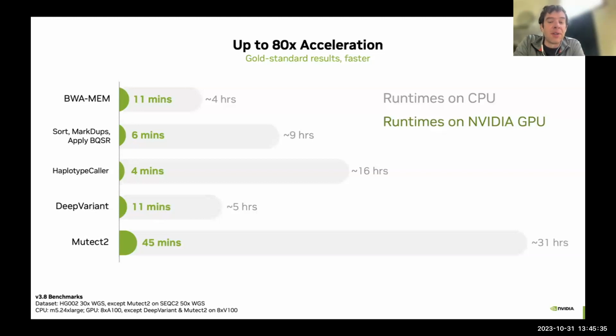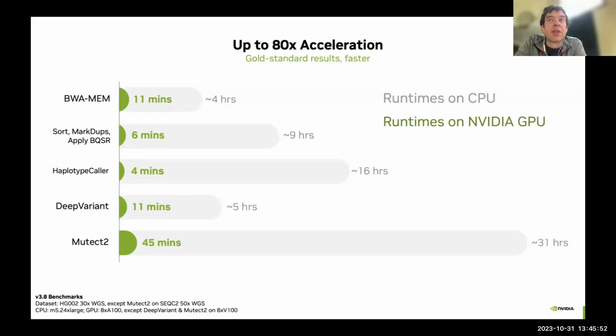Something that's always super impressive to me is the HaplotypeCaller. That goes from 16 hours down to 4 minutes, which is a huge speed up in my mind. DeepVariant goes from 5 hours down to 11 minutes. And DeepVariant is actually pretty hard to run.